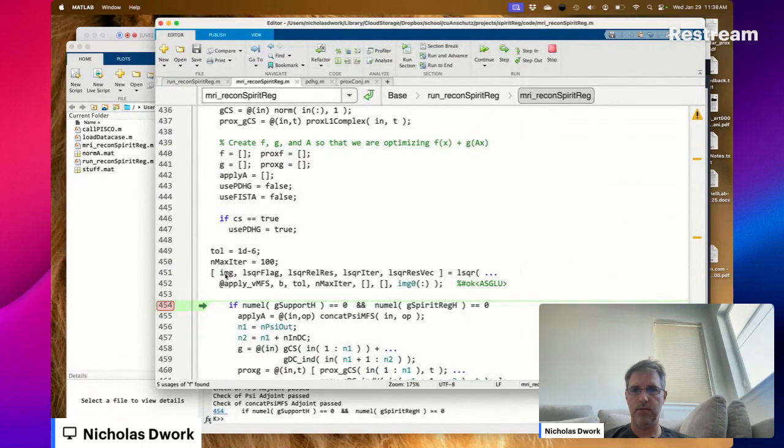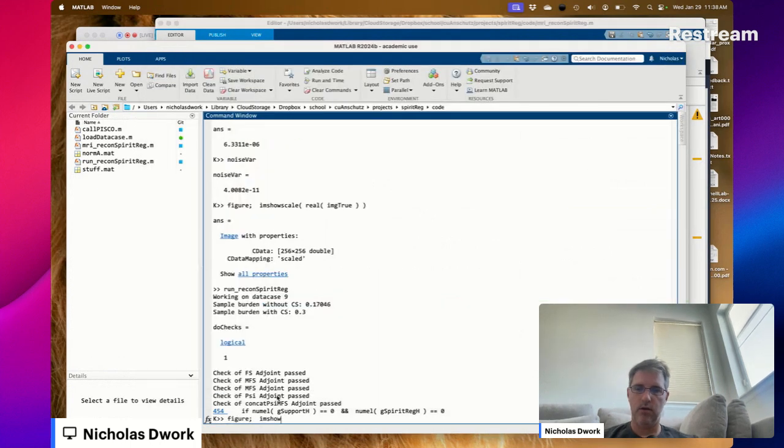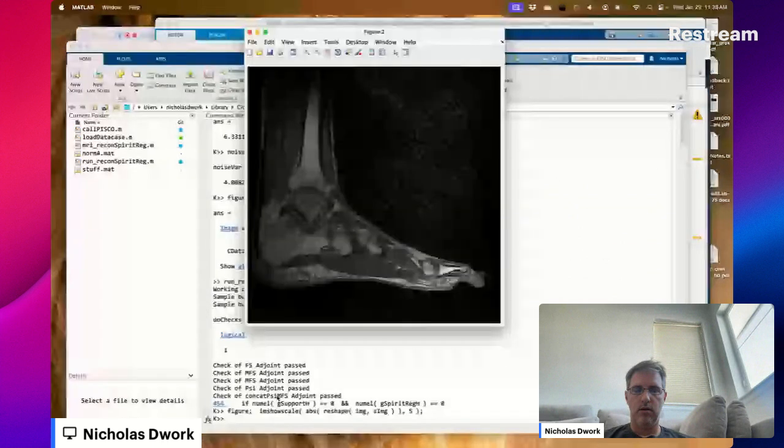Okay. That's the LSQR result with this. So that tells me compressed sensing is doing nothing.